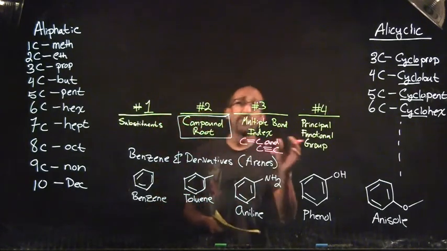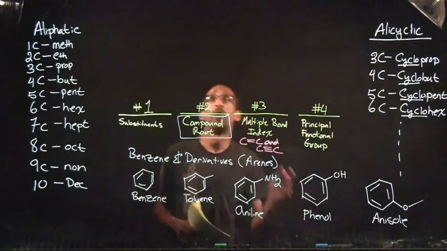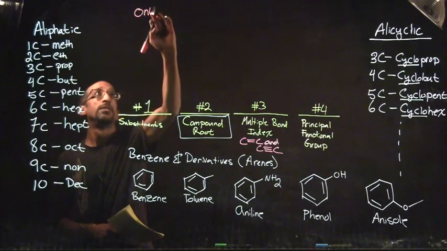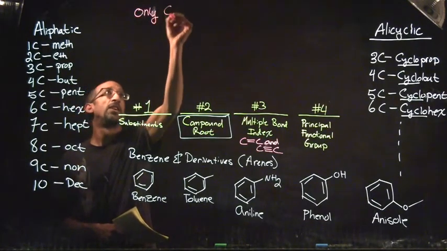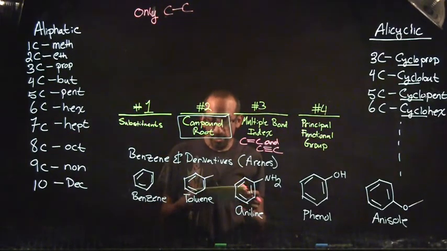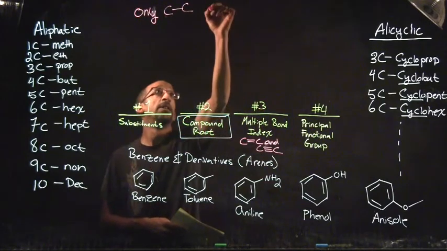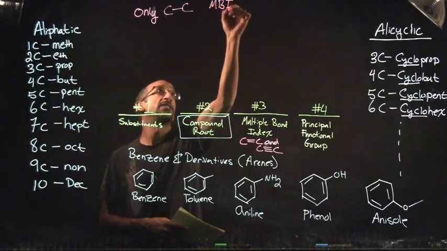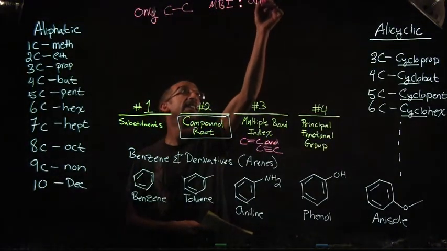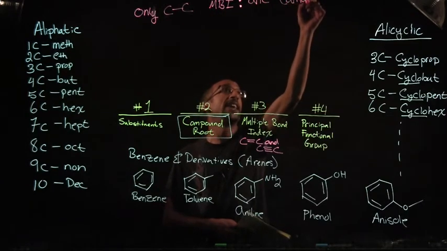So the multiple bond index is strictly for those 2 scenarios. So as we said, if the compound only contains carbon-carbon single bonds, the multiple bond index is going to be ane, which comes from alkane.